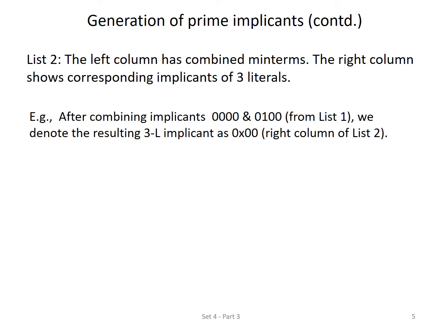For example, after combining implicants 0000 and 0100, and this is from list 1, we denote the resulting 3 literal implicant as 0x00, and this is in the right column of list 2 on the next slide.